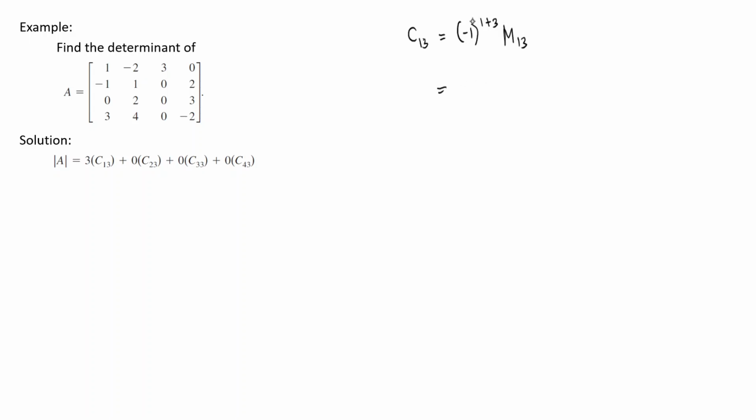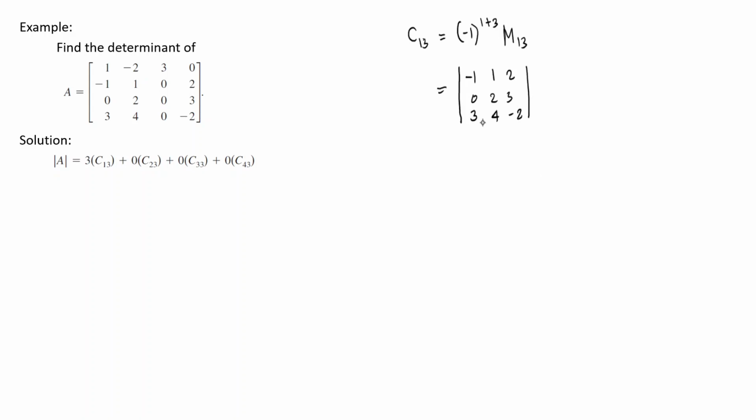Since the exponent here is 4, which is even, this is positive 1, so this is just equal to the minor M sub 1, 3, where we delete the first row and the third column. The remaining entries are negative 1, 1, 2, 0, 2, 3, and 3, 4, negative 2.